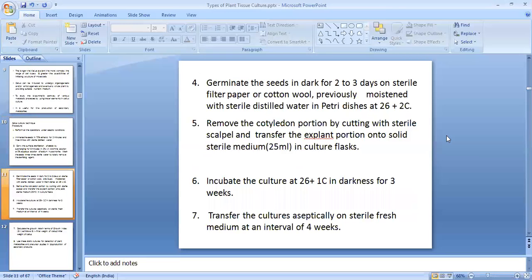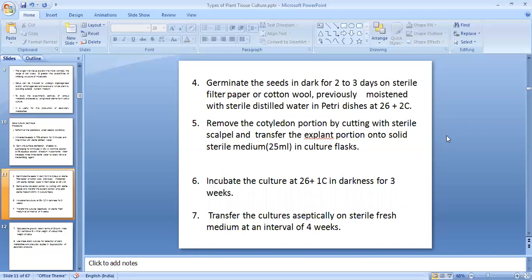And next, we have to inoculate the seeds, or germinate the seeds in the dark for about 2 to 3 days on a sterile filter paper or cotton wool. This cotton wool or filter paper should be moistened with sterile water and kept in petri dishes.